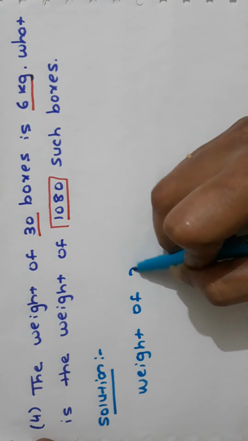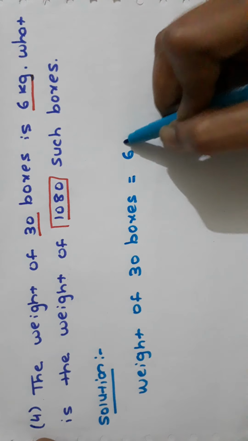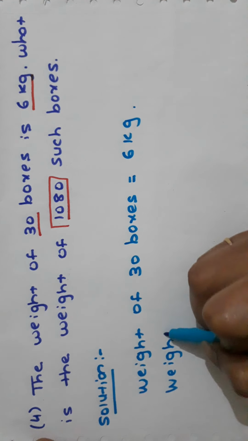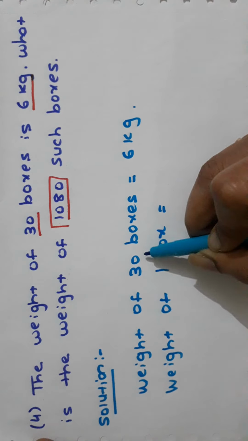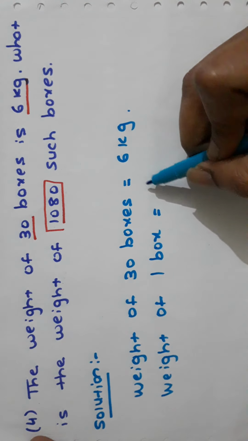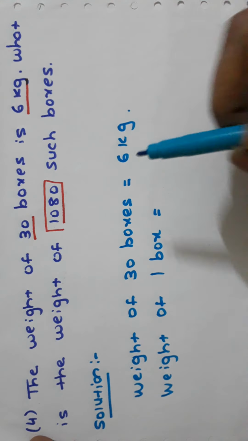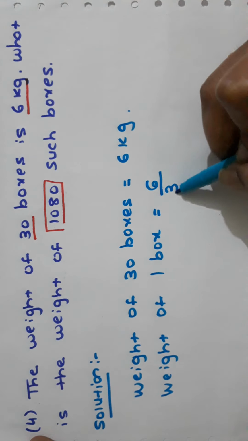Weight of 30 boxes is equal to 6 kg. Weight of one box: from many to one, operation of division. And that too 6 divided by 30, not 30 divided by 6. So I'll write this as 6 upon 30.